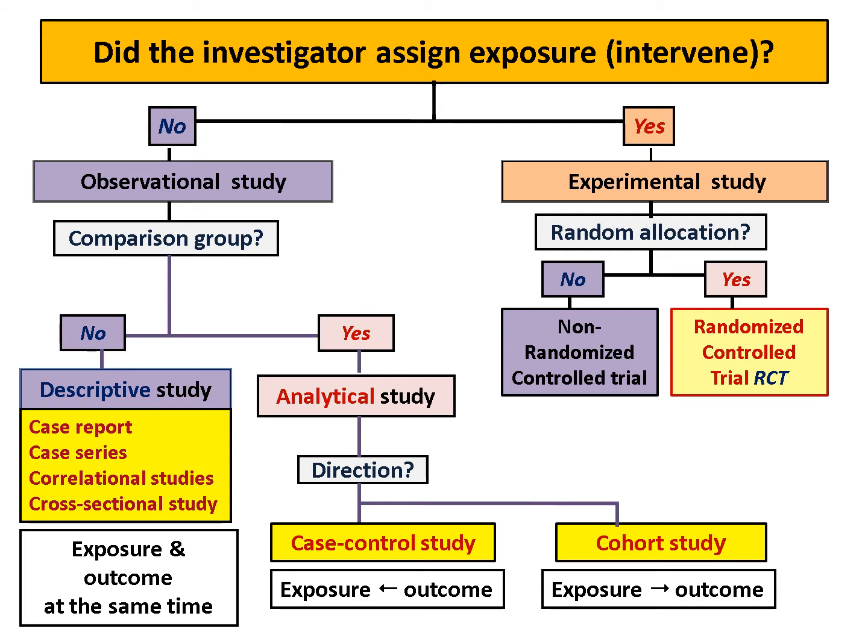But if there are comparison groups, 2 or more, it's called analytic study, because the investigator compares these 2 groups, and the types of analytic study are either case control study or cohort study.